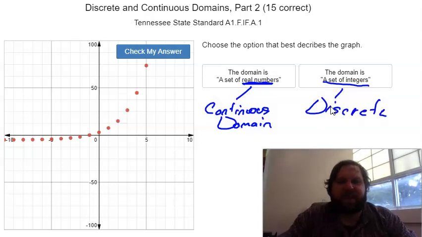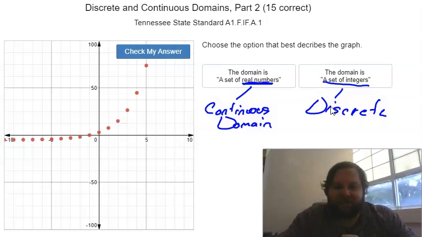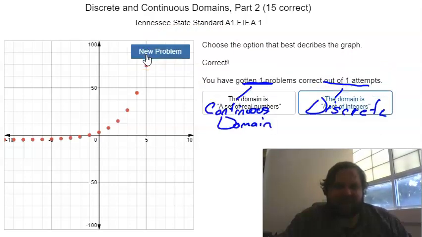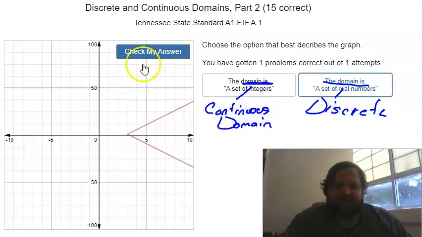And so you just have to know that that vocabulary is a way of talking about whether a domain is continuous or discrete, and going from that. So here we can see, forgive me, I've got to get my mouse button back. There we go. That this one is going to be a set of integers. It is discrete, and we can check our answer and see that we were correct.